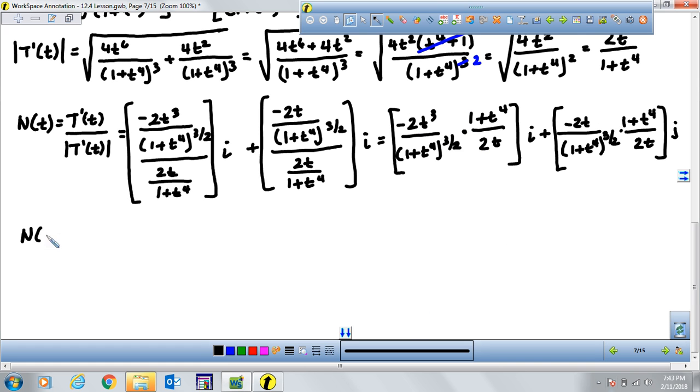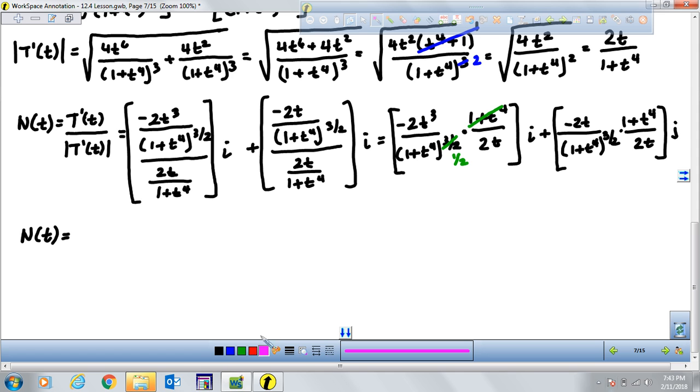So my unit normal vector is going to be equal to, what can we do here? You can see that we can reduce one of these with one of these, and I'm going to be left with a 1/2, because that's 1 and that's 1.5, so we're left with 1/2 on the denominator, right?